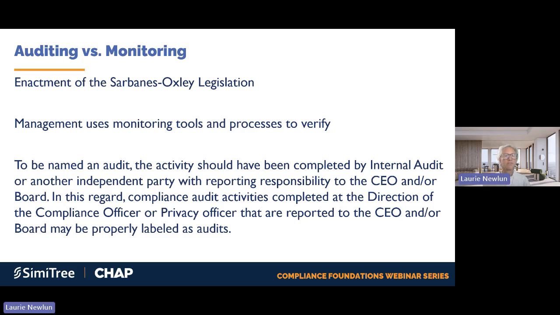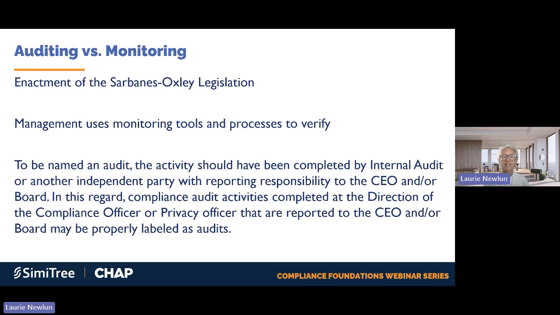When we look at auditing versus monitoring, this was enacted because of Sarbanes-Oxley legislation. If you will recall, back in 2002, there were major issues with large organizations such as Enron and WorldCom, where they found that because they lacked internal controls, they had ongoing issues that really developed to the level of a scandal within those organizations and nationwide.